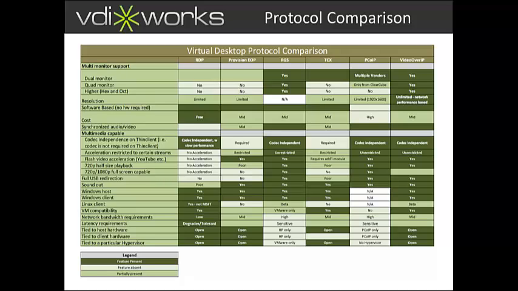It'll deliver many of the high-end capabilities that more quote-unquote expensive protocols deliver. For example, multi-monitor and support for multimedia. It has USB redirection built in as well. And on top of all of this, VideoOverIP is the kind of protocol that isn't doing any of the codec trickery.